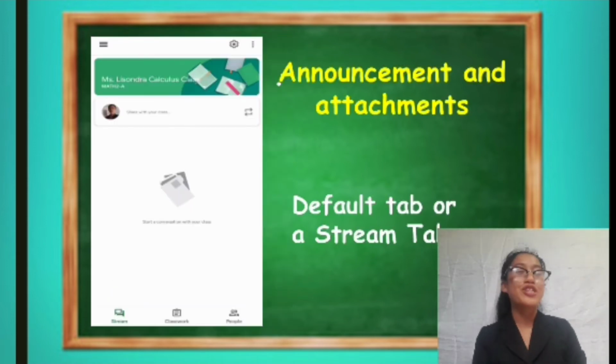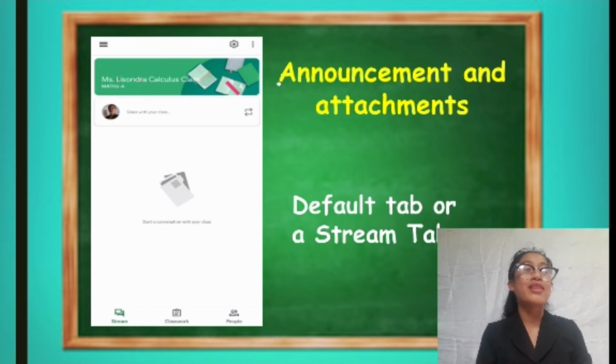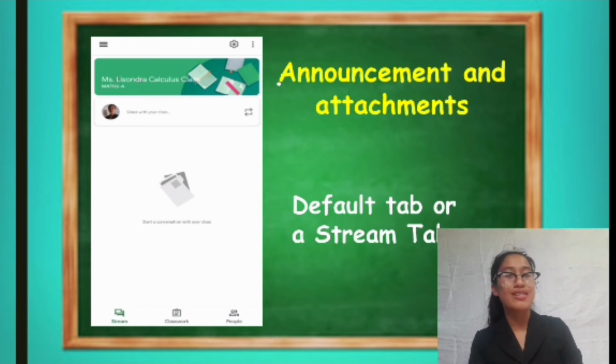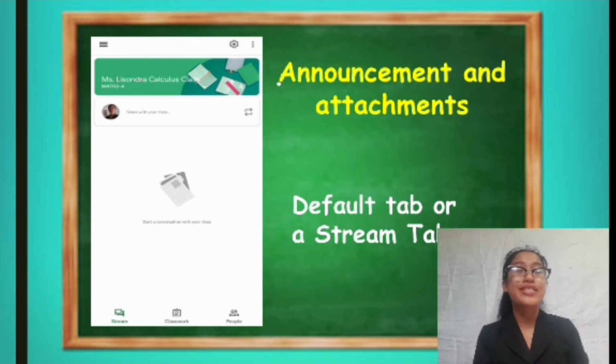Another feature I want to highlight in this tutorial is that you have the power to create an announcement and attach an attachment. Just like in a face-to-face class, you can also create an announcement, but on this platform you create it through your Google Classroom. In your default Stream tab, you can see Share with your class.